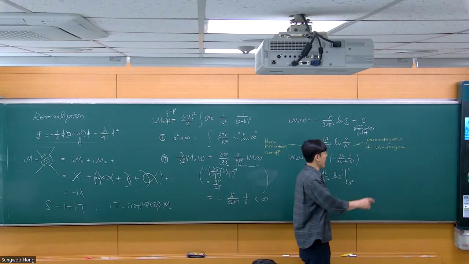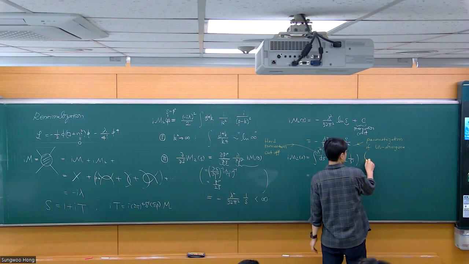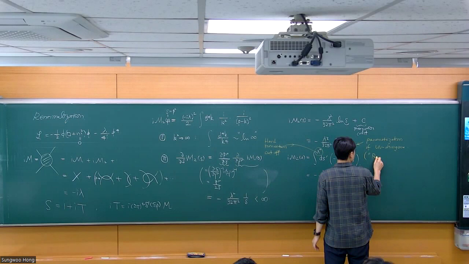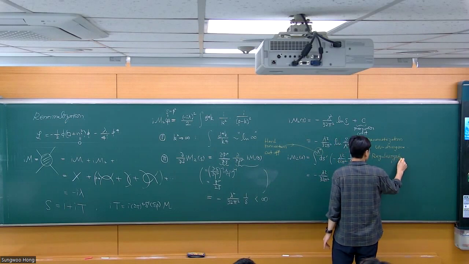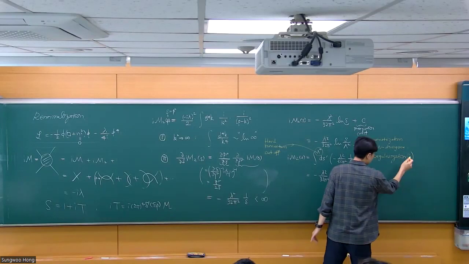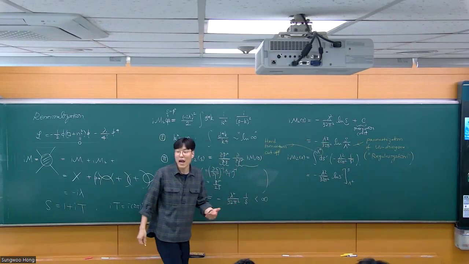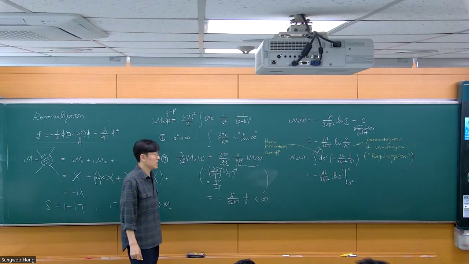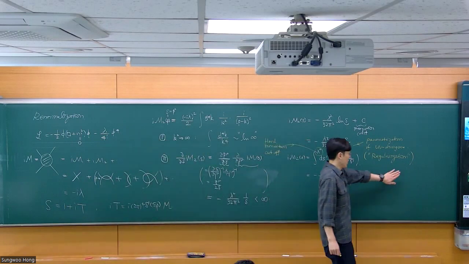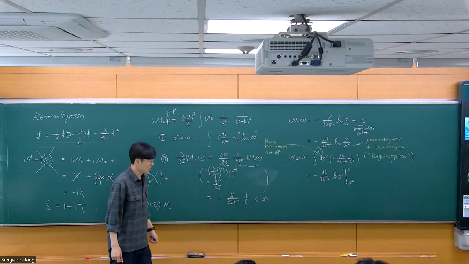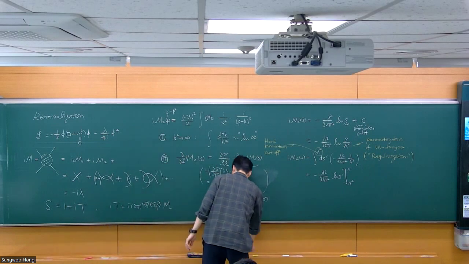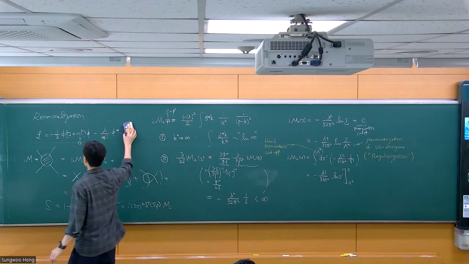So far, I have only done parameterization, and such a parameterization is called regularization. I'm regulating infinity into a finite-looking expression, but secretly, even explicitly, it's not actually finite. You just encode it in terms of notation instead of putting infinity. Good.